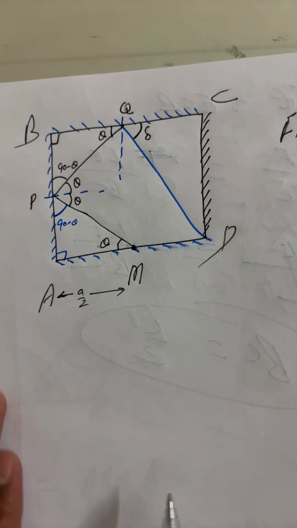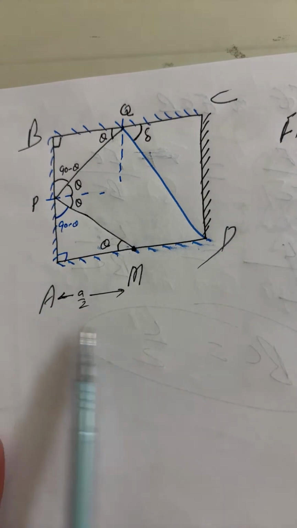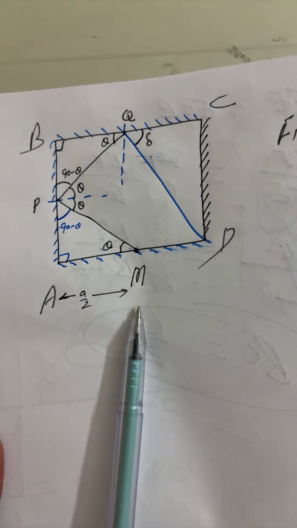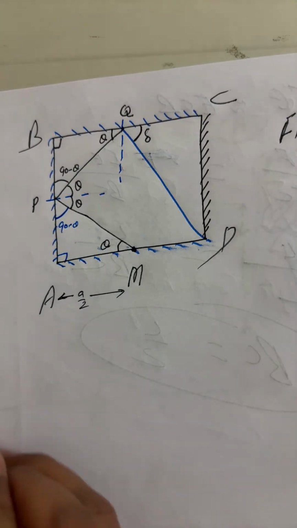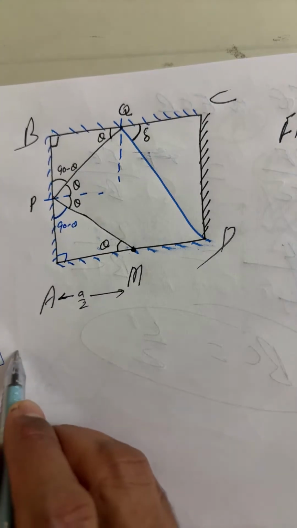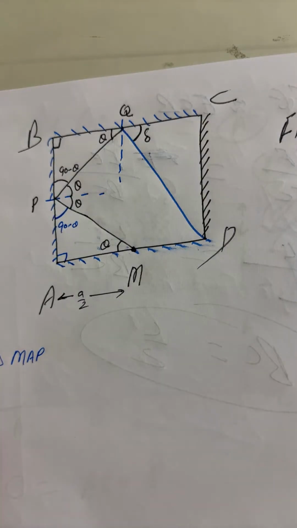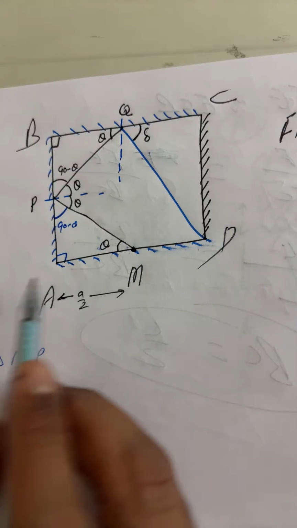See, I can see triangle MAP. Have a look at triangle MAP. We wish to find tan theta from this triangle.